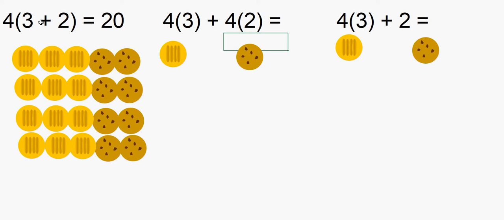is 20. The second problem, now we have 4 times 3 plus 4 times 2, which according to order of operations is telling us to do 4 times 3. So I have my 3 cookies.